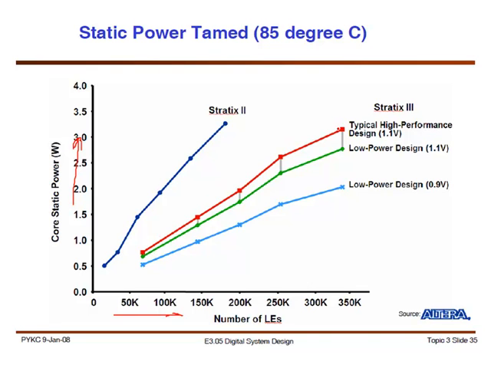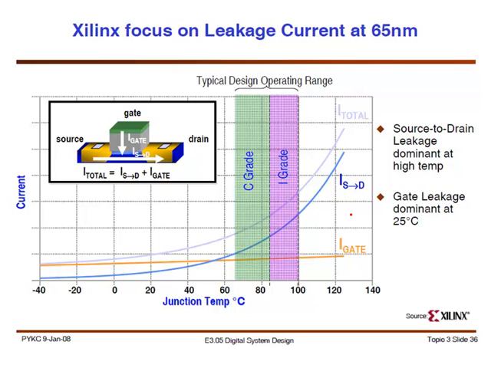And if you run it at 1.1 typical, as opposed to the low power design, this is the one that distinguishes between the fast and the slow ones. This is the power profile, and if you run it at the low power, low speed mode of 0.9 volts, then this would be the power profile. So significant reductions in power.